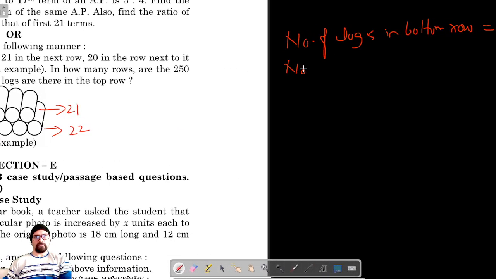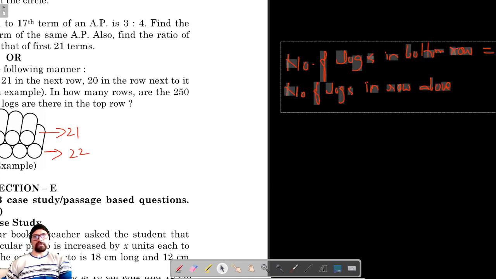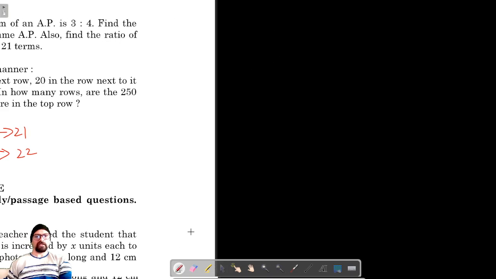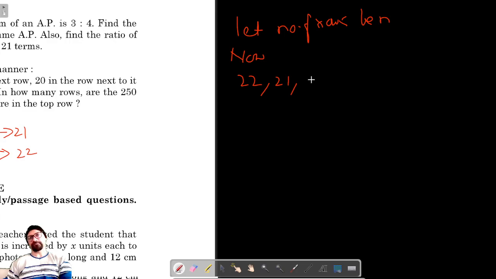Now, let the number of rows be n, and the number of logs in each row, 22, 21, 20, up to n rows, forms an AP.